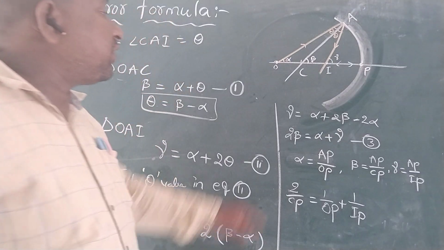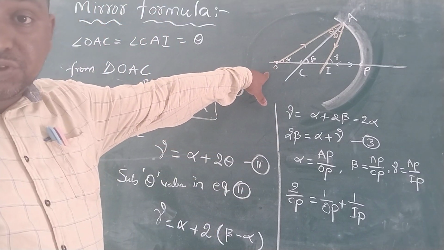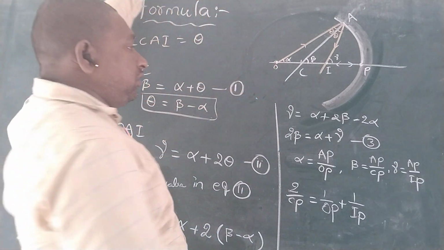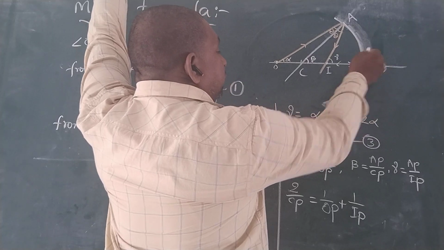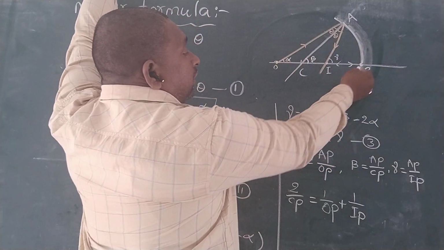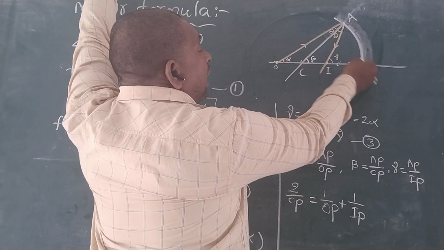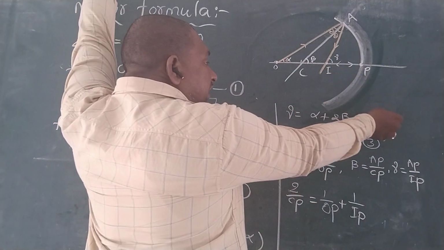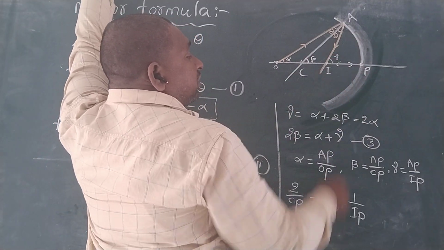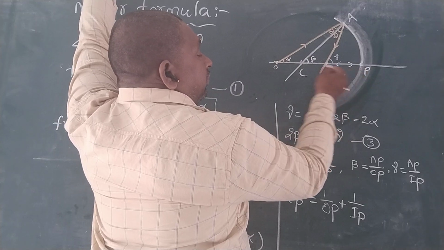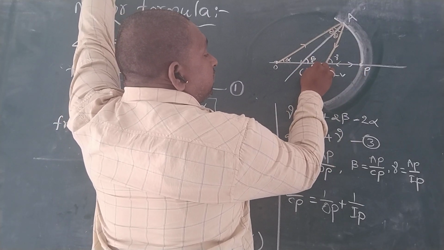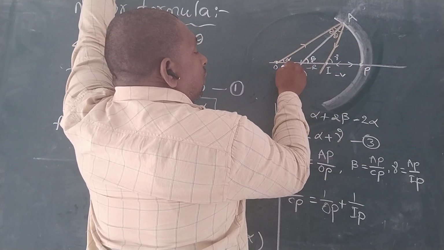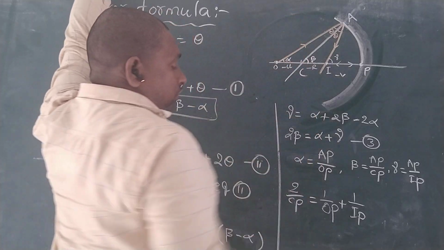By using sign conventions, I will tell you the sign conventions here again. Any distance which is measured opposite to the incident direction should be taken as negative. In that case, image distance is negative, that means minus v. Radius of curvature is negative, that means minus R. Object distance is also negative, minus u.